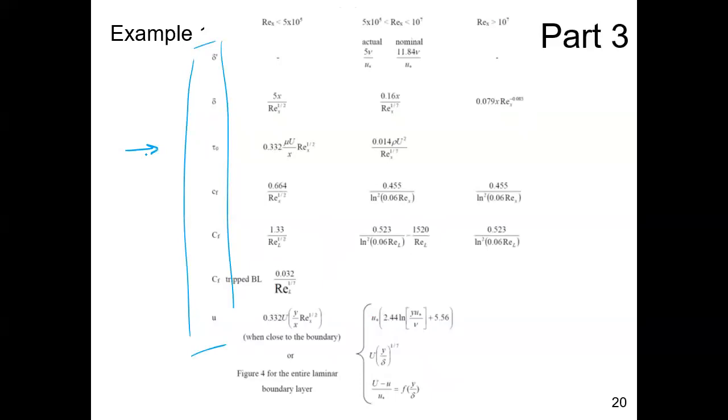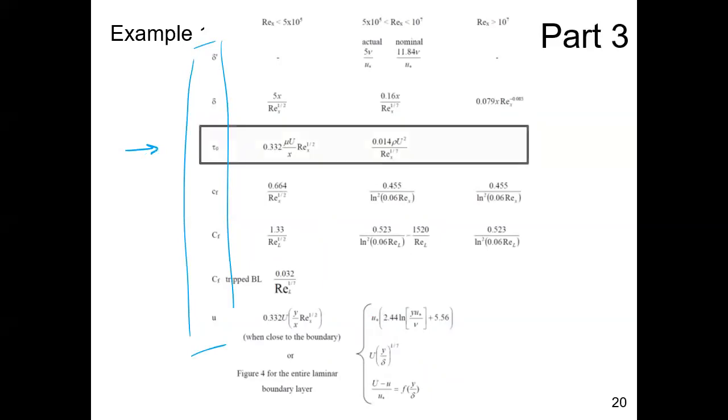We're after shear stress. And depending on what type of boundary layer you have, in this case, you only see equations for laminar and transition. Ultimately, as you move out of transition into turbulent, it basically is a very similar equation. So we need to know where we are. And because at 1 meter, we've already calculated that the boundary Reynolds number is 3.82 times 10 to the 6th, we know at 1 meter, it's a transition boundary layer. This is the equation we will use.